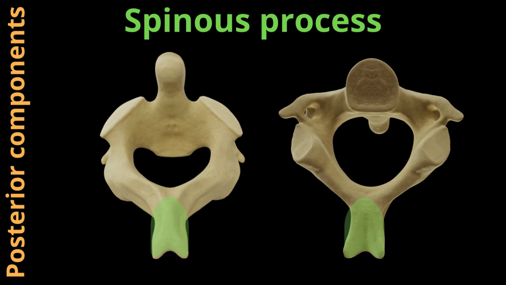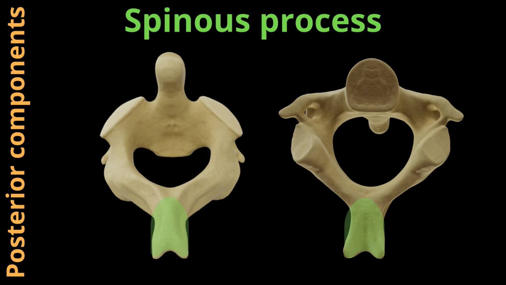It is large and usually broad-based and bifid-tipped. The spinous process covers the spinous process of the third cervical vertebra, C3, and projects nearly 1 centimeter posterior to the posterior tubercle of the atlas. The apical notch of the axis spinous process serves as an attachment point for the nuchal ligament.